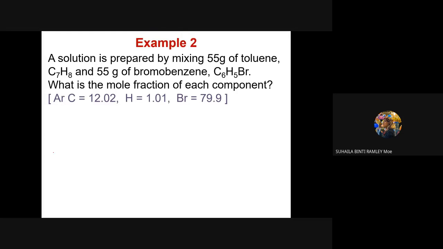Okay, next example, mole fraction for each component. Each component refers to C7H8 and C6H5Br. Both are given in mass, so convert mass to mole. The mole fraction is mole of C7H8 over mole C7H8 plus mole C6H5Br.